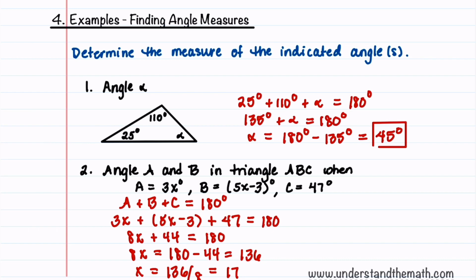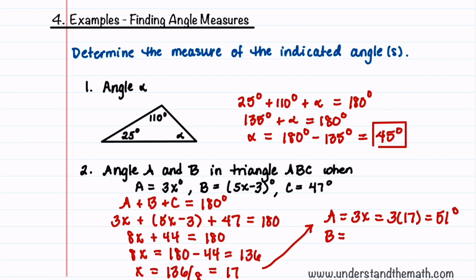Now, we're not quite done. We know what x is, but now we have to find what the angles are. So we'll go over here, and we'll say angle A is 3x. So this is 3 times 17, which is 51 degrees.